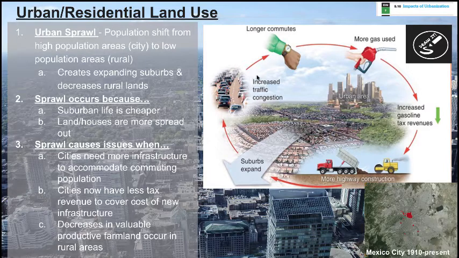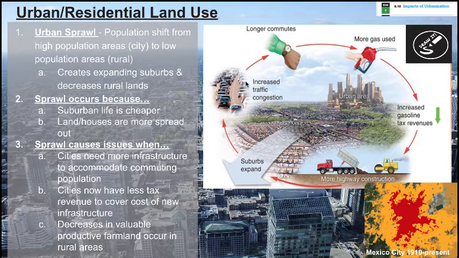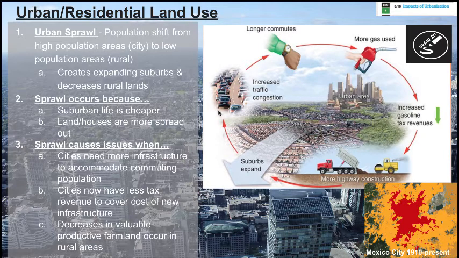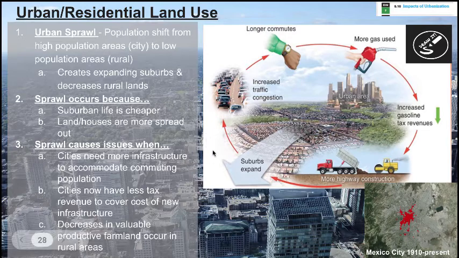So they're still in major metropolitan areas, so city growth tends to be higher in terms of metropolitan area, even though it may not be in the downtown city centers. What that does is it creates a shift to expanding suburbs, which reduces the amount of rural land that's available there. So we see this population shift.